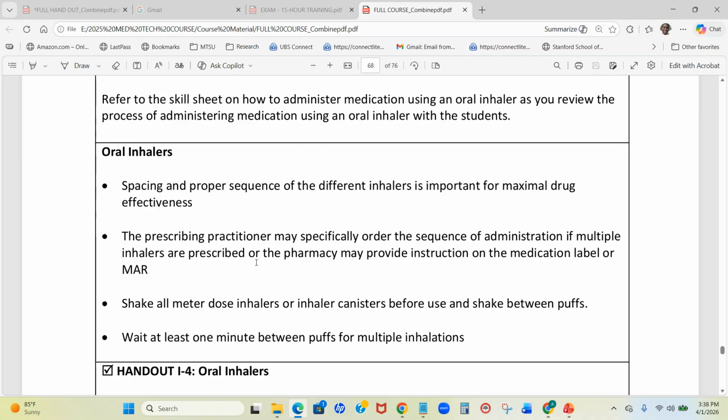Okay. So whenever you give one, you give it a minute or two before you do the next one if they have two of them. The prescribing practitioner may specifically order the sequence of administration if multiple inhalers are prescribed.